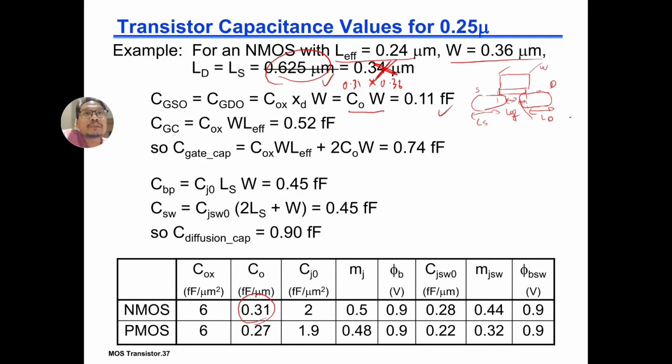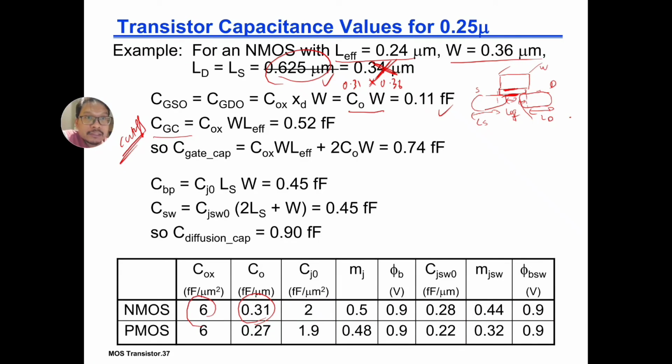So what is your total gate to channel capacitance? Assuming this is in cutoff, your gate to channel is here. So we are looking at what is the capacitance there. The capacitance there is simply the gate oxide capacitance per area times W times L effective.